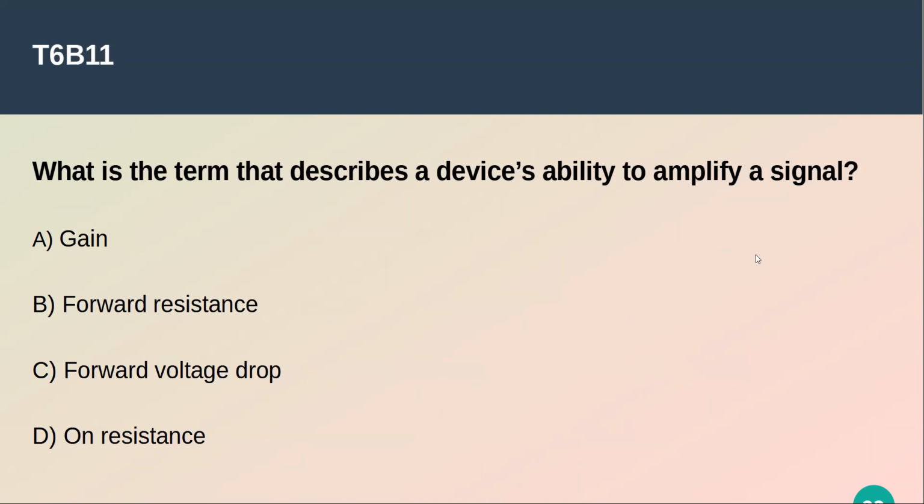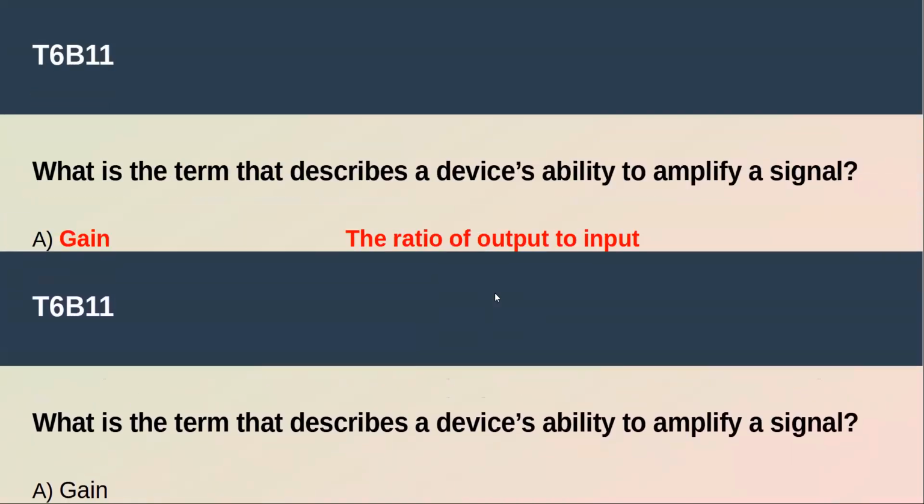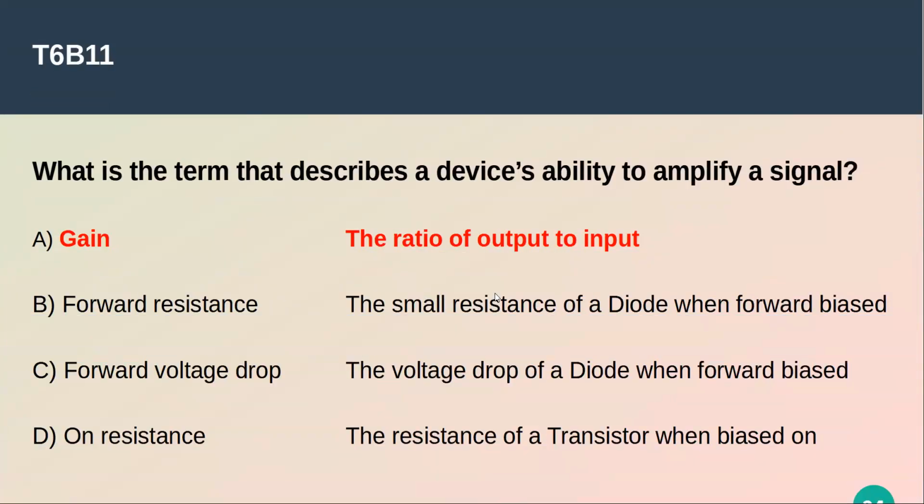What is the term that describes a device's ability to amplify a signal? Alpha, gain. The forward resistance is nothing to do with gain or amplifiers. Likewise, the voltage drop.